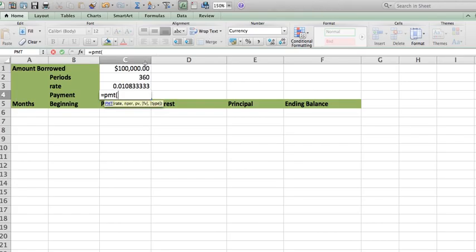Well, the rate is going to be this guy, comma, the periods is going to be 360, and the present value is 100,000. Put a negative in the front because if not, Excel will give you a negative value as your payment, comma, 0 because that's the future value, and then just close your parentheses. This is going to be your payment.